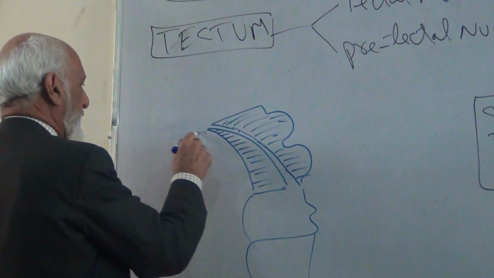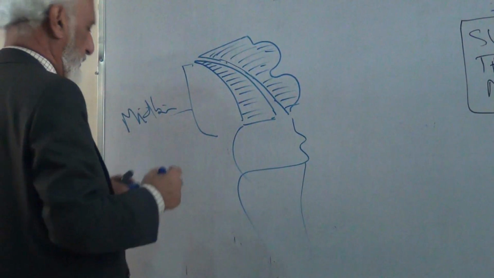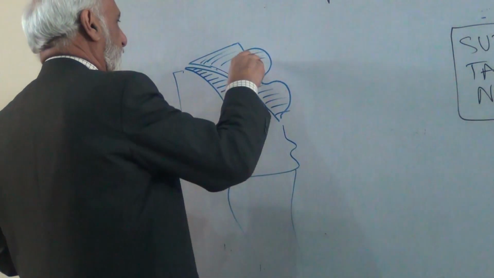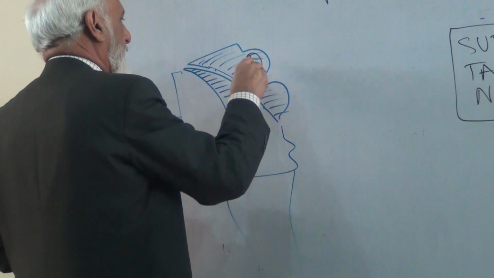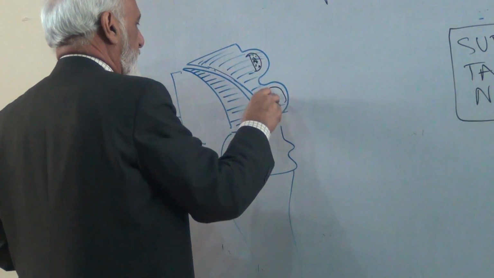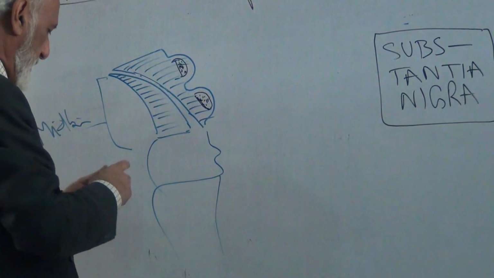Midbrain is traversed by the cerebral aqueduct. Now here inside are the nucleus of superior colliculus and nucleus of inferior colliculus.